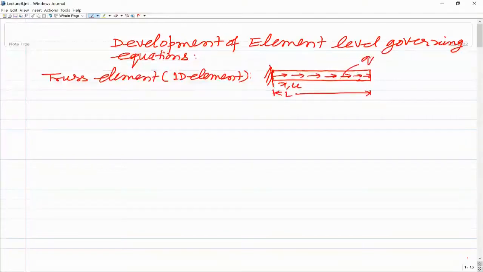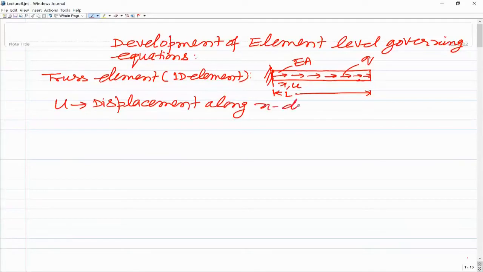Here, for this to be idealized as a one dimensional truss element, the cross sectional dimensions have to be much smaller compared to length l. That is the main thing, and we will see that in this case there is only one unknown variable, that is u, the displacement along the x direction, that is along the length.